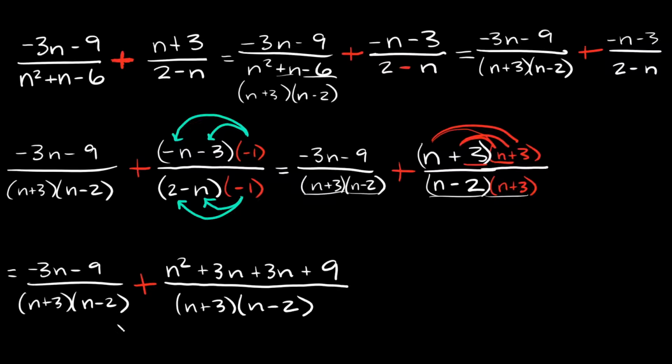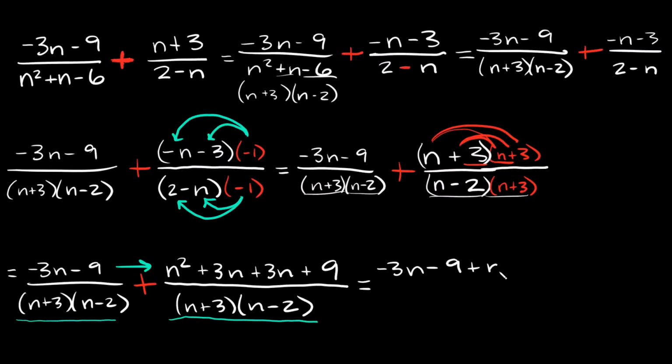Okay, but the really mathematical part about this is we now have the same denominator, right? So now we can just basically add straight across the numerators, right? So let's keep simplifying this. So over here, we're going to have -3n minus 9, and then we're adding this whole thing on top, right?